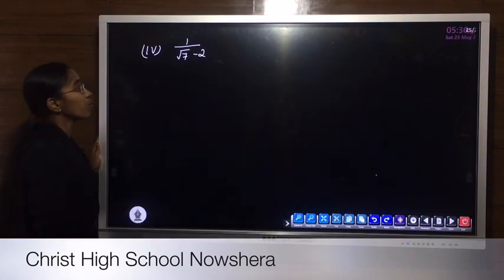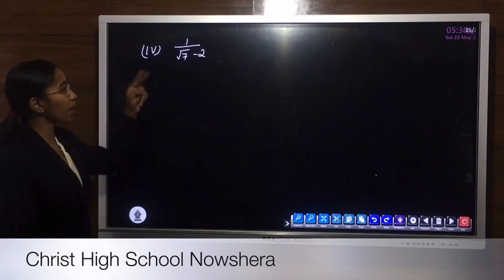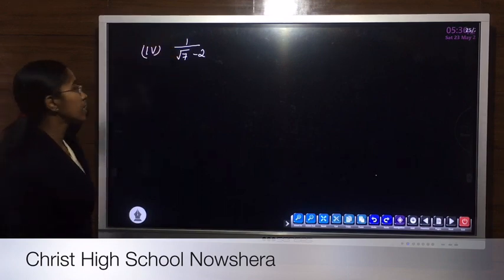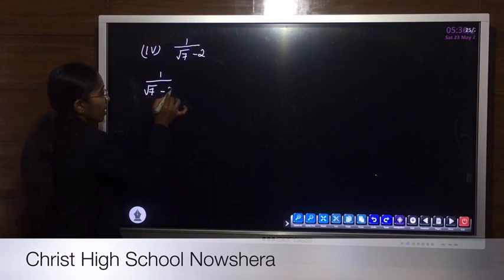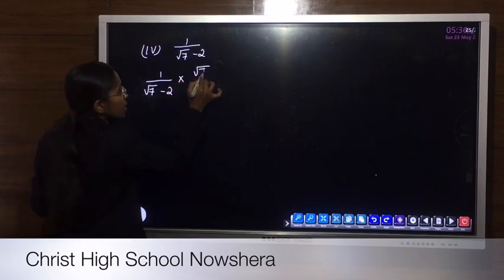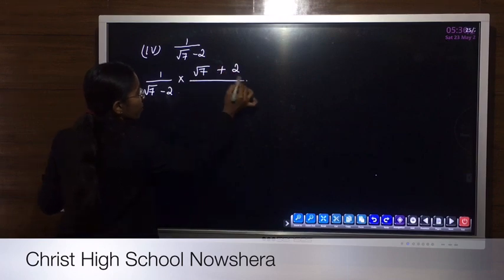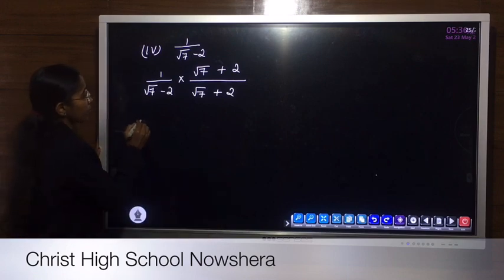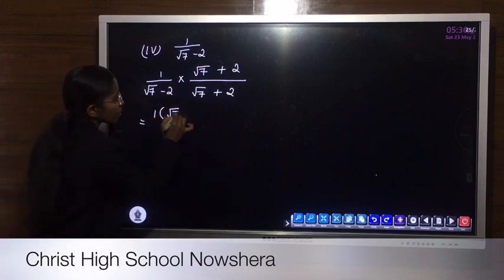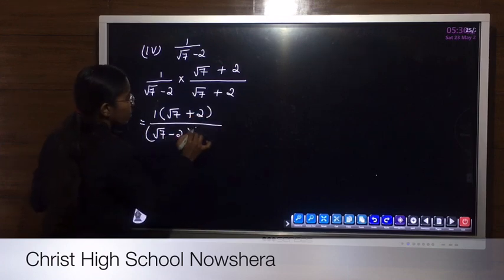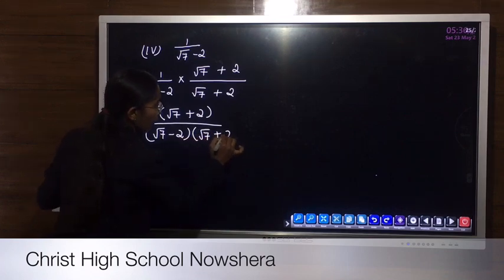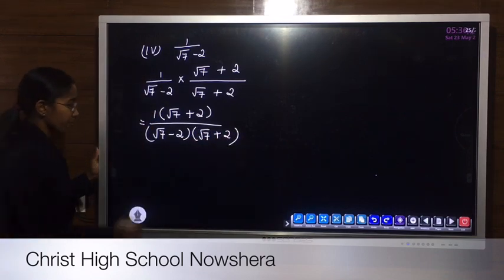And fourth one, 1 divided by root 7 minus 2. This root is only for 7. So here 1 by root 7 minus 2 into root 7 plus 2 divided by root 7 plus 2. That is equal to 1 into root 7 plus 2 divided by root 7 minus 2 into root 7 plus 2.